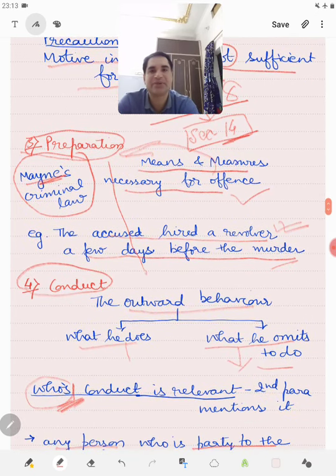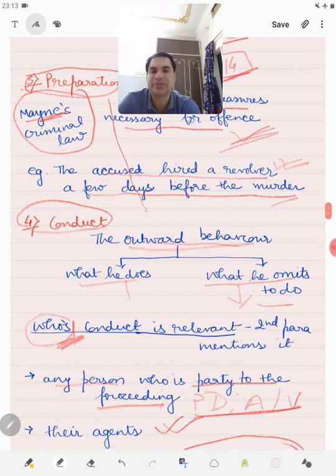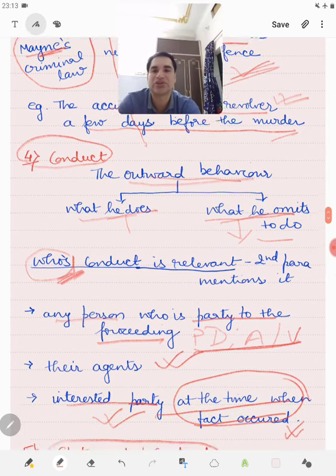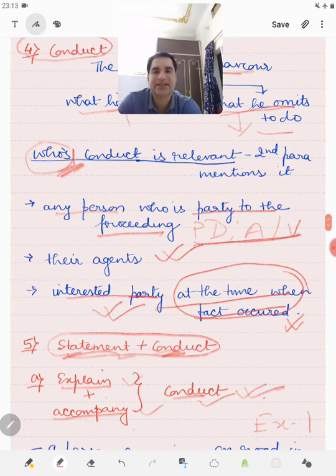Then we saw that preparation means the measures necessary for carrying out the offense, and conduct is the outward behavior, as to what a person does and what a person does not do. The conduct of any person or their agent or interested party at the time when the fact occurred is relevant.